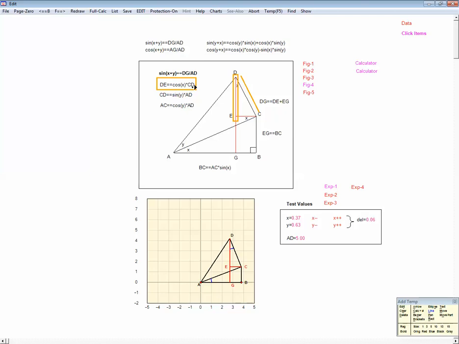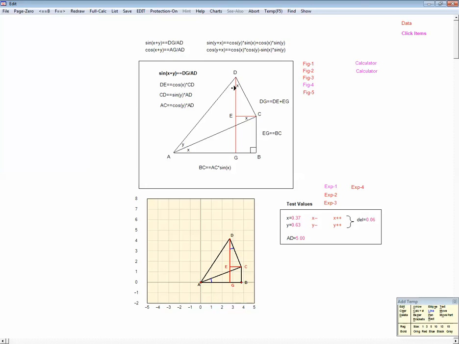So let me say that again. Let me clear my little helpers. The cosine of x, and we're looking at this x up here, the cosine of x is DE over CD. So that's clearly true. That's just the definition of cosine. And similarly, all the others can be proven.